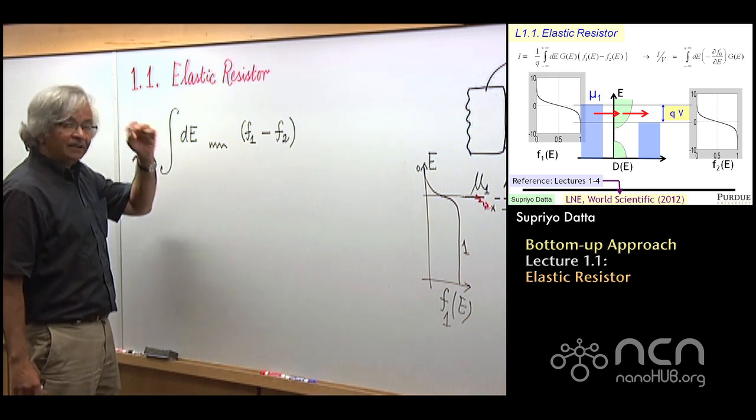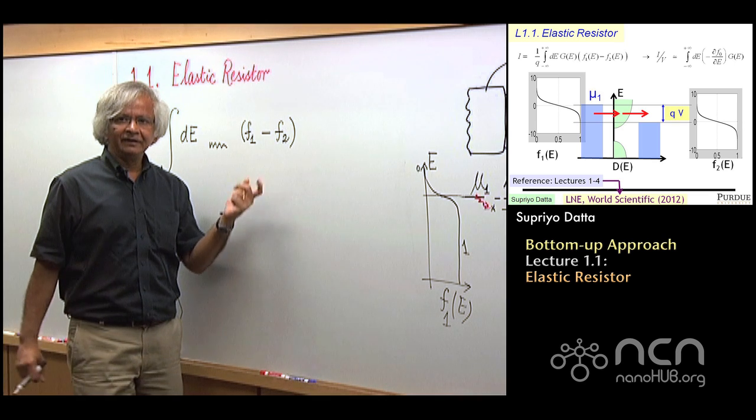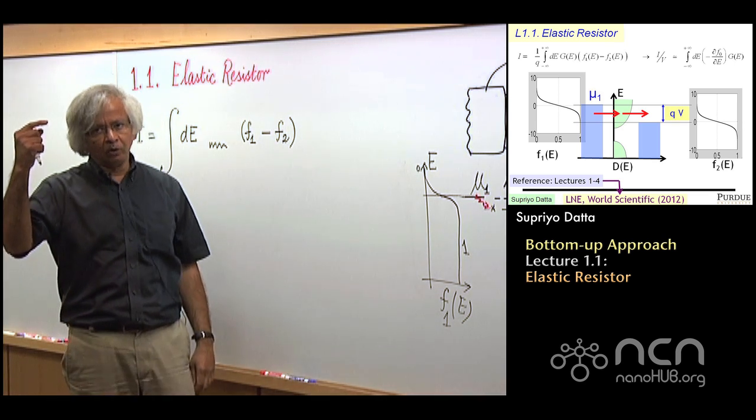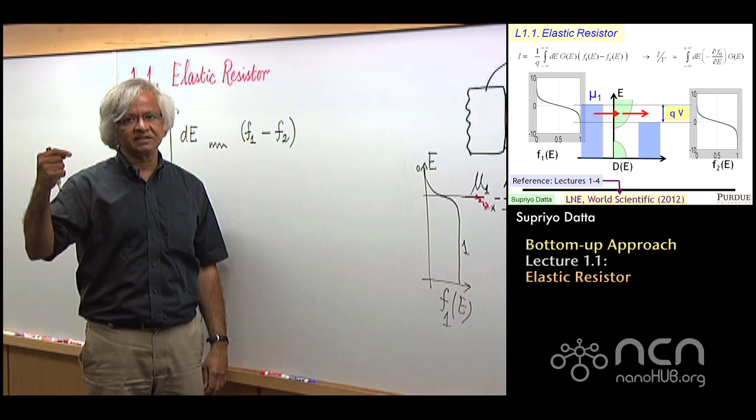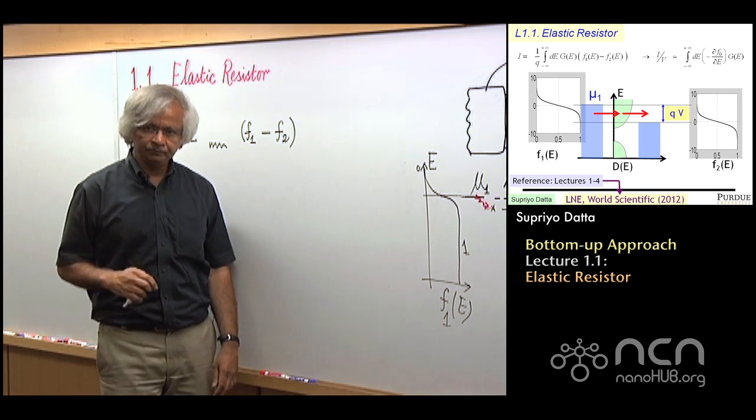Well, that's where we need a bit of algebra, which I won't go through here. This is part of one of the homework problems which are discussed in the tutorial lectures. I believe this will be like 1.2.